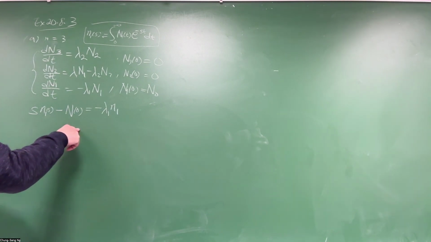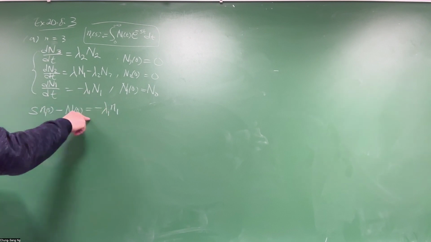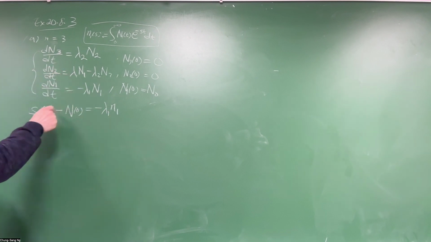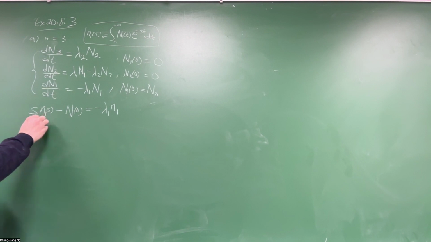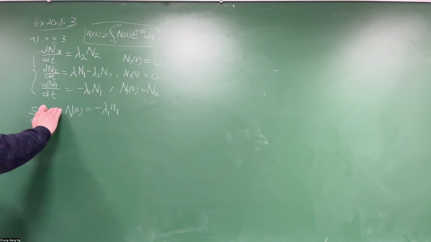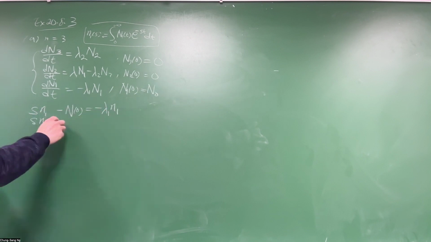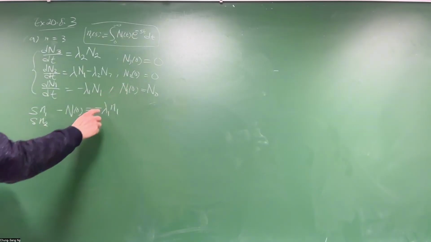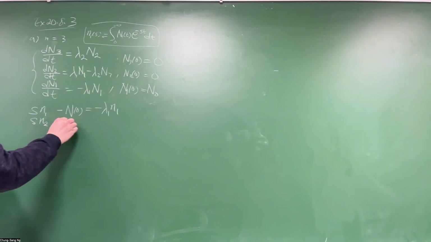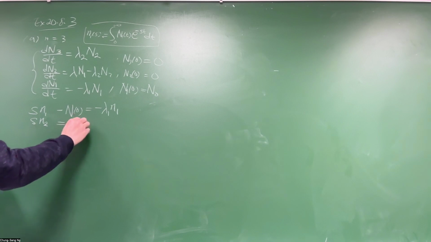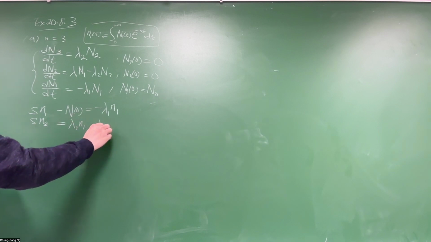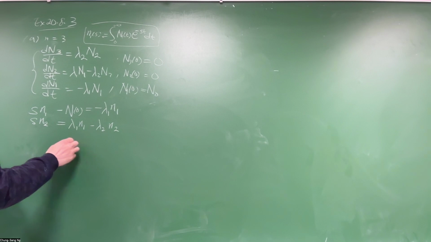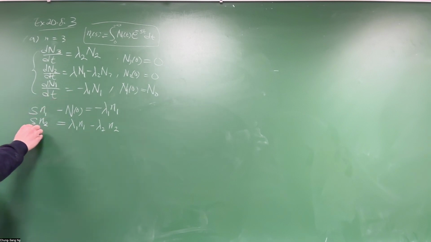But now you can keep doing it. So the second equation is n2, similarly as a function of s. Let's get rid of all the dependence. You know these are functions of s. Minus n2(0), which is 0, equals to lambda 1 n1 minus lambda 2 n2, and then s n3.